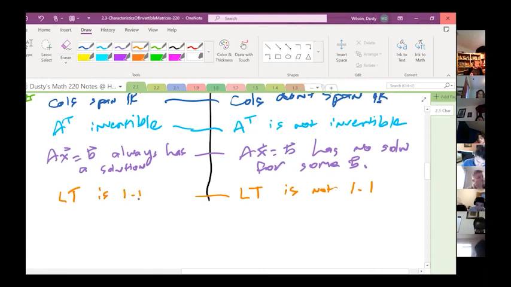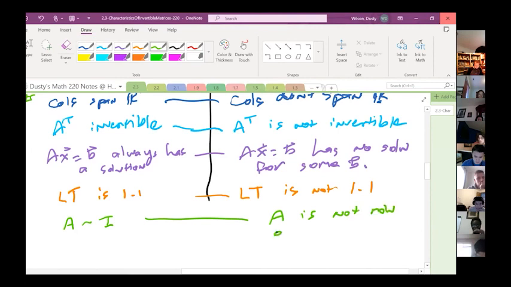And I think the last one on my list is that A is row equivalent to I. You can row reduce to I, versus A is not row equivalent to I.